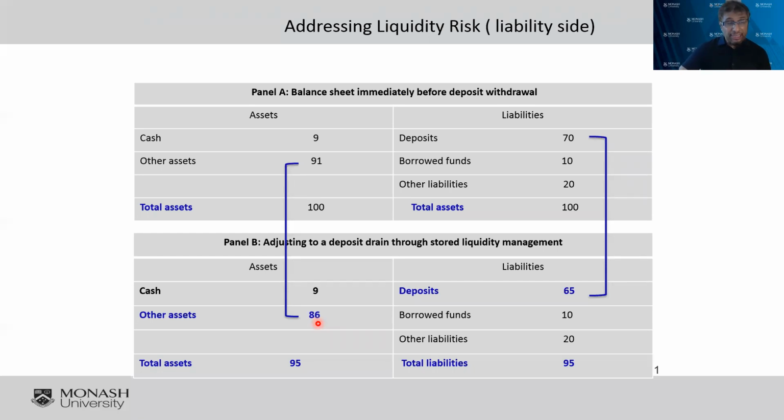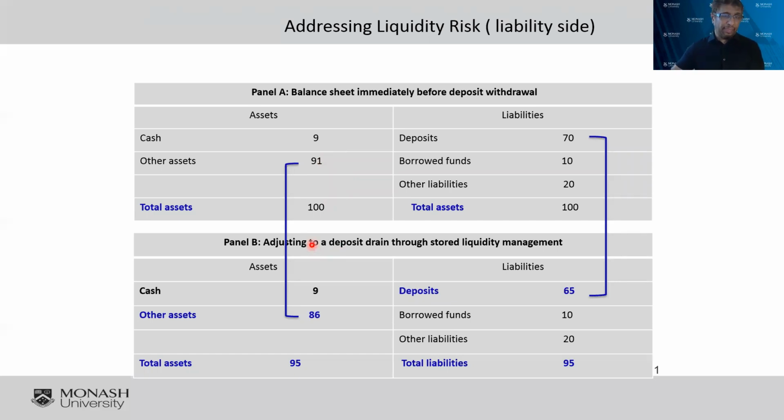Let's check what the impact on the balance sheet is. The balance sheet will decrease. Why? I used to have 100, now it's 95. So the first rule is when we have a liquidity risk coming from the liability side, like withdrawals, and we deal with it from stored liquidity, which is the asset side, the balance sheet size will drop.